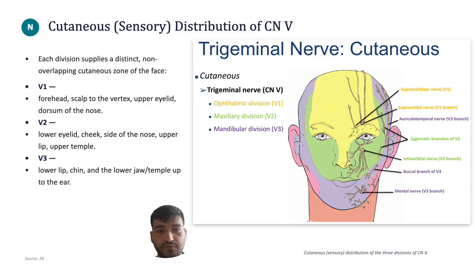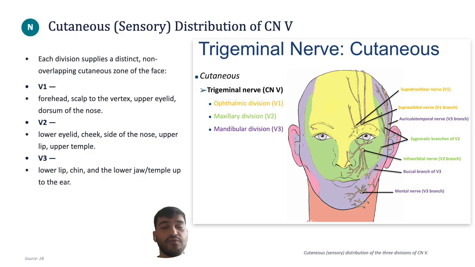I feel like infraorbital and zygomatic are the ones that are most superficial. And as you already know, PSA is just for the back molars. And then for V3, we have the lower lip, chin, lower jaw, temple, and up to the ear, actually. And as we said, it was AILB.